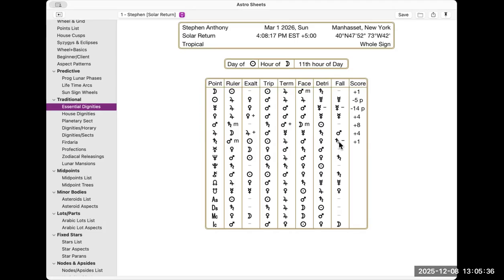Saturn is in fall in Aries, and then we'll just ignore these because Uranus, Neptune, Pluto don't really count. Yeah. So we go to the first seven planets: Moon, Sun, Mercury, Venus, Mars, Jupiter, and Saturn, and stop there. So that's the dignity score.